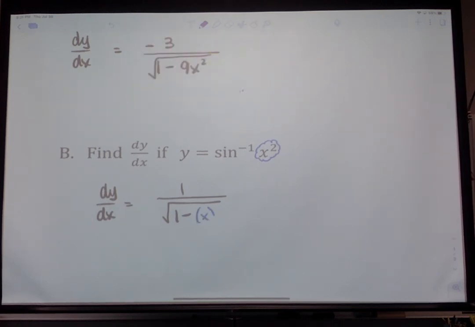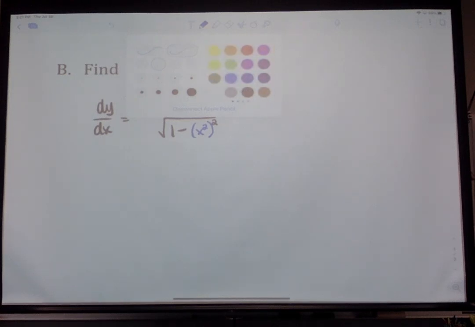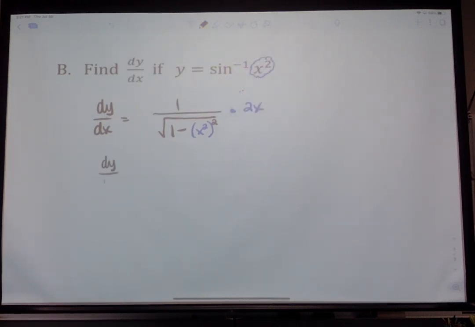Messy squared times the derivative of the messy. There you go.